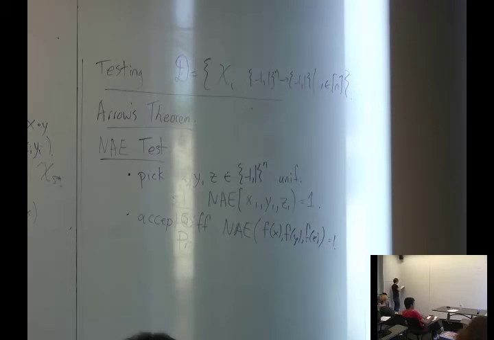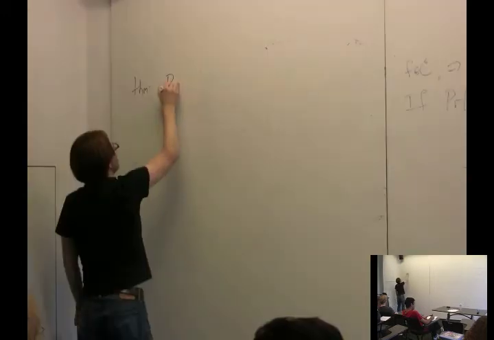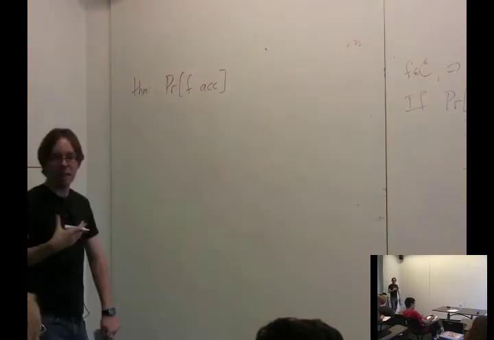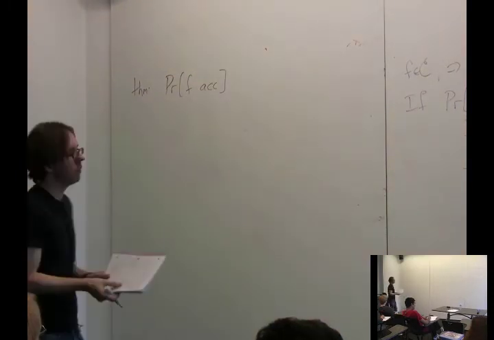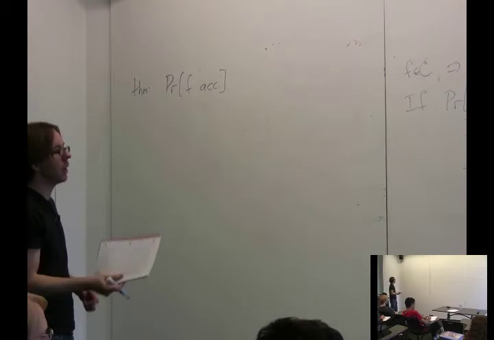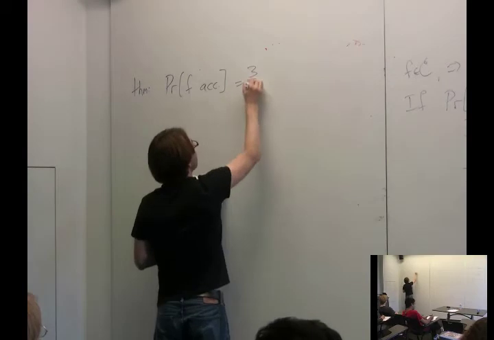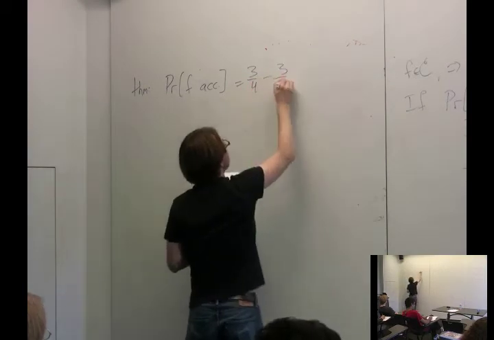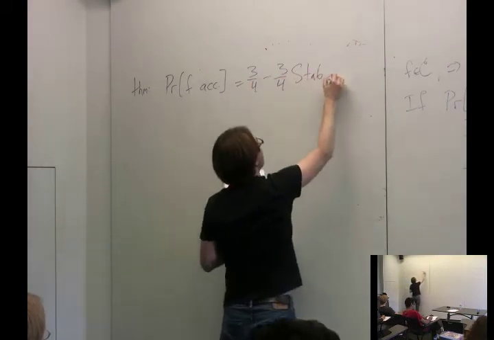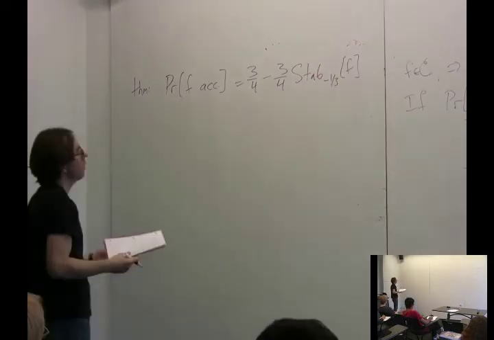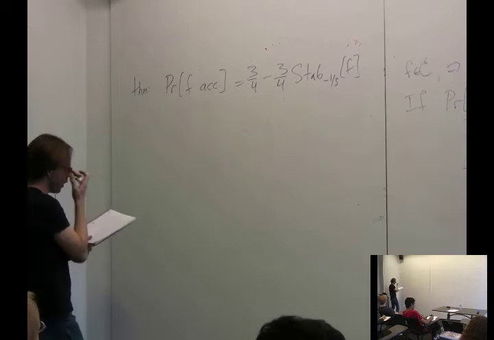Let me remind you what we did with this test in terms of Fourier analysis. What we saw was the probability that, given a function f, this test will accept. This is like the probability of getting a rational outcome in a 3-way election using f as the voting rule. It had this formula, 3/4 minus 3/4 times the noise stability at -1/3 of f. It's not hard to prove if you write it all out.